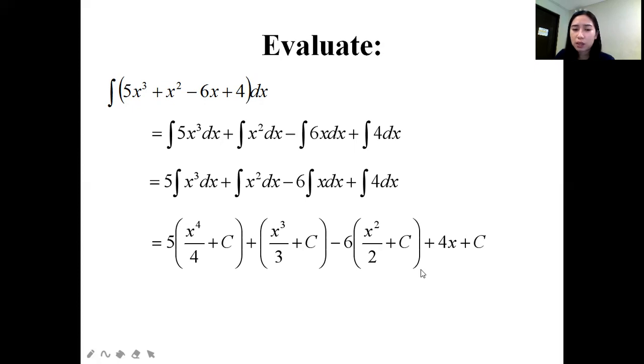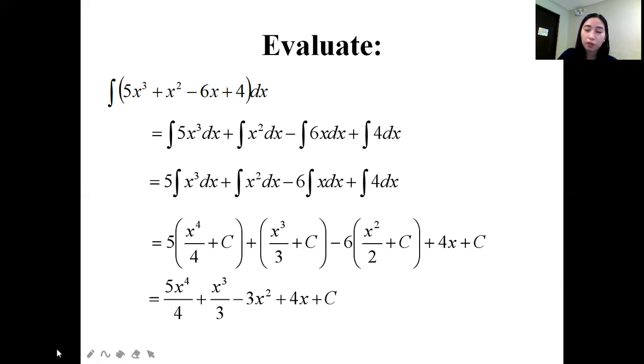Since there are many c's, what do we do with them? There are three c's. The c can stand for all the constants in that equation, so just use one C. Remember, if you add any real number, the answer is still the same. So we use a general C. So 5x to the 4th over 4 plus x cubed over 3 minus 3x squared plus 4x plus c.